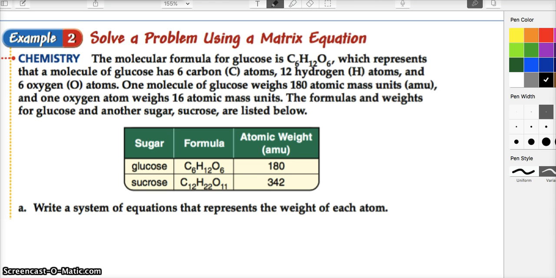You can see here that the weight of this molecule would be 180 AMU, and the weight for this molecule would be 342 AMU. We're going to write a system of equations that represents the information we have.